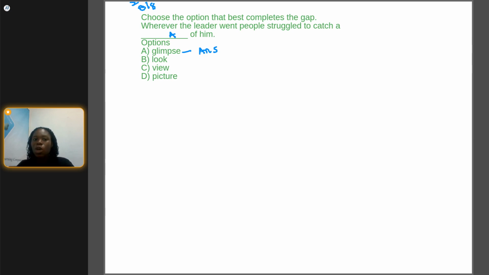But your context will help you determine that this is not about grammar, but about context. What do the words in that sentence say for you to know the most appropriate word? So for context, you are looking at what the sentence itself means to choose the appropriate word for the blank space. I hope I answered your question, Emmanuel.